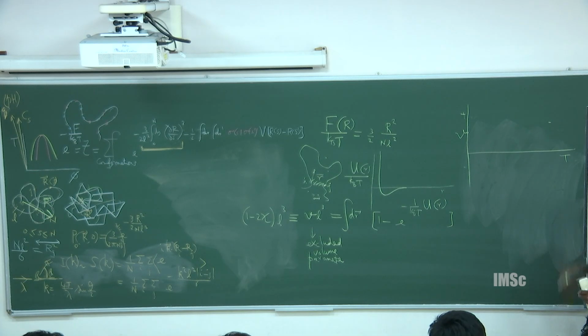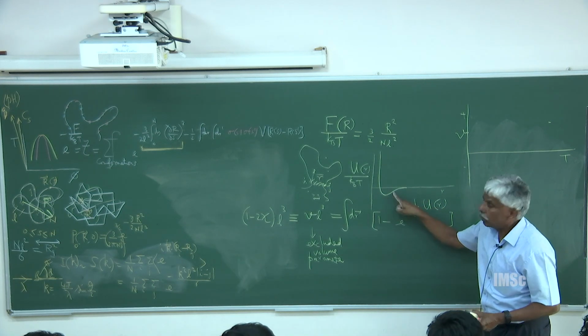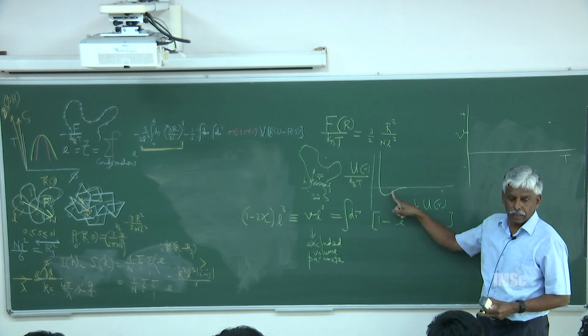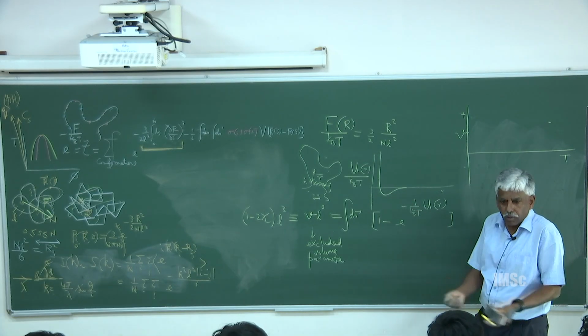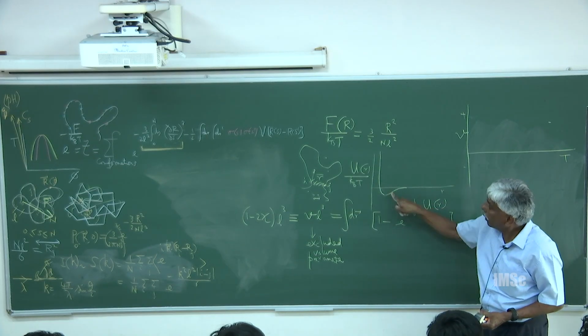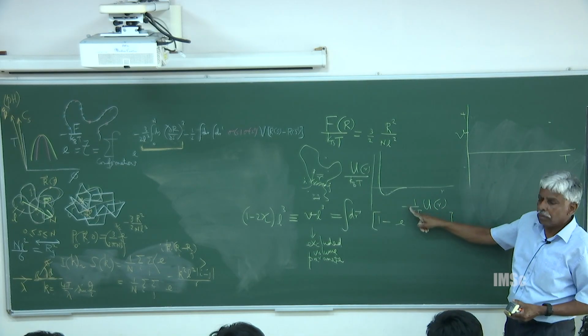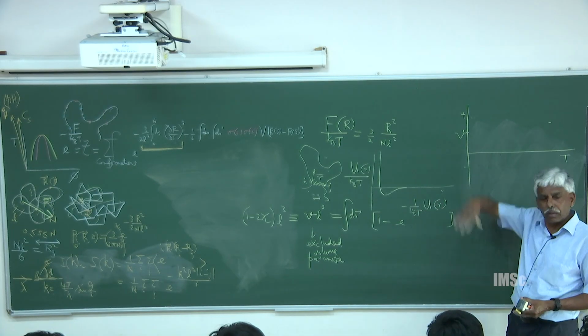Now let's look at the other way around. When the temperature is low, what will happen? Going back to your comment, the attractive potential is going to be felt. At low temperature, they are going to come close, they are going to condense. That is negative, U is negative there. When U is negative, minus U is positive, and e to the positive number is large.